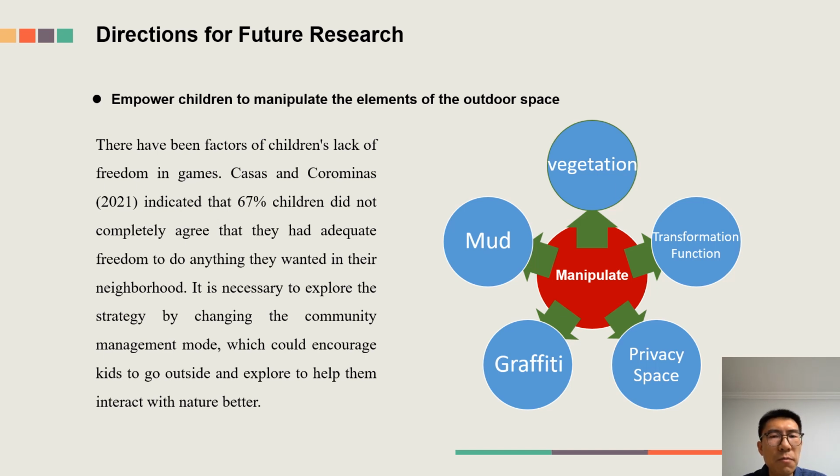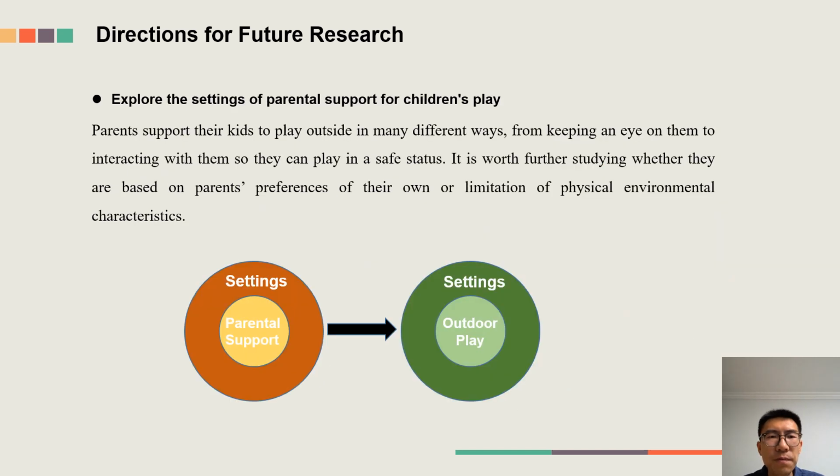Some researchers indicate that 67% children did not completely agree that they had adequate freedom to do anything they want in their neighborhoods. So it's necessary to explore the strategy by changing the community management modes, which could encourage kids to go outside and explore to help them interact with nature better.